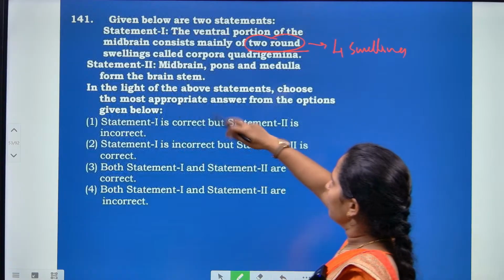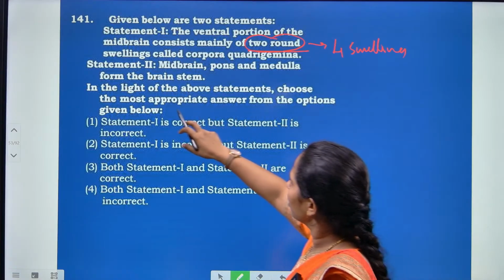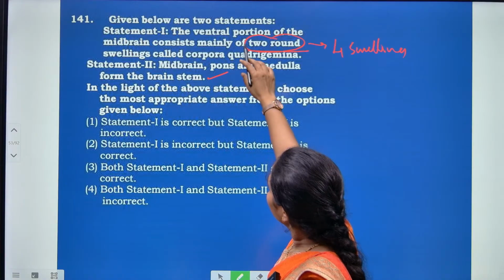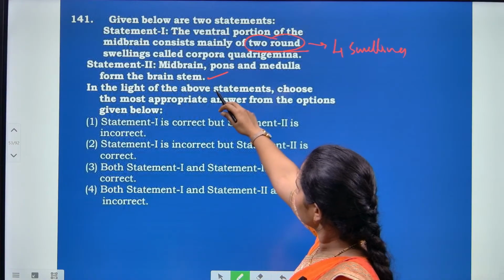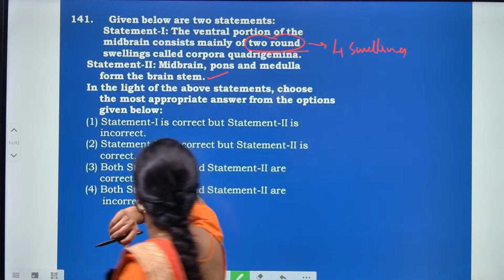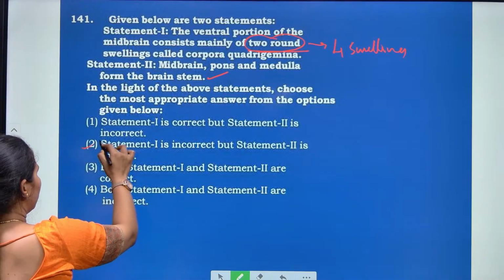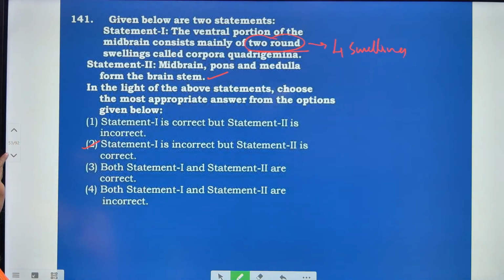Statement 2: midbrain, pons and medulla form the brain stem. Yes, that is right. So statement 1 is incorrect, but statement 2 is correct. So option 2 is the right one.